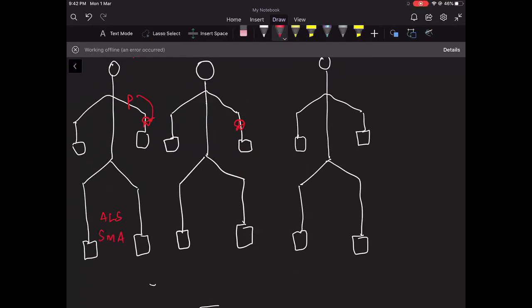Second variety where there will be only distal involvement, the causes include atypical Charcot-Marie-Tooth disease. We'll come to various types of Charcot-Marie-Tooth disease later. Another type is hereditary motor neuropathy, also called distal spinal muscle atrophy. These are the causes of this variety. Here also it is symmetrical only. Still we are dealing with symmetrical only.